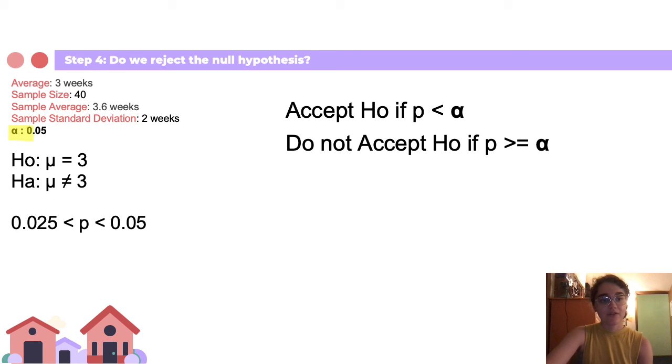We know that our alpha is 0.05 and our p-value is somewhere between 0.025 and 0.05, but importantly, it's not equal to 0.05, which means no matter what, it will be less. So we should accept our null hypothesis because p is less than alpha.